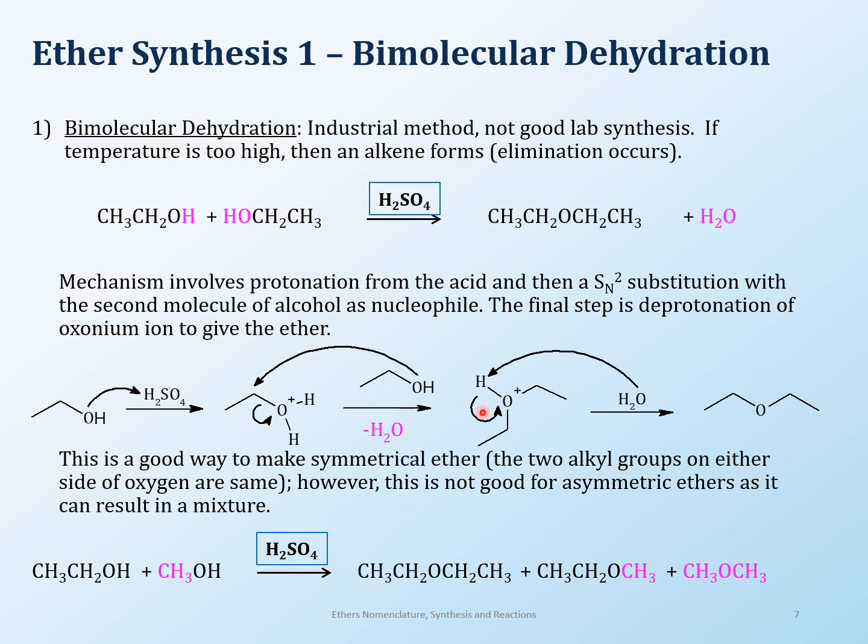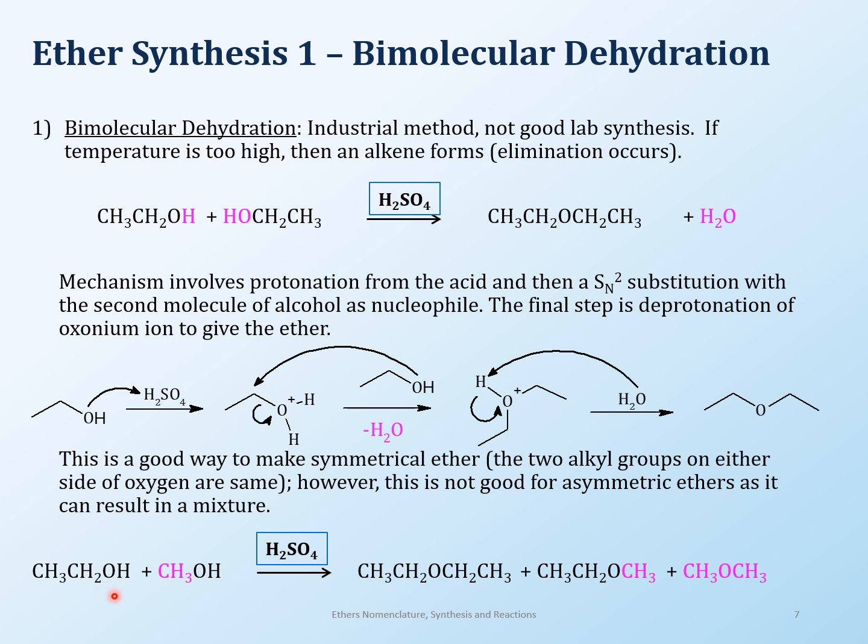So this is a good way to make an ether, but this is good only if you want to make a symmetrical ether, okay? Because when you have this kind of reaction going on, which is uncontrollable, if you try to make an asymmetric ether, then sometimes it will give you a mixture.